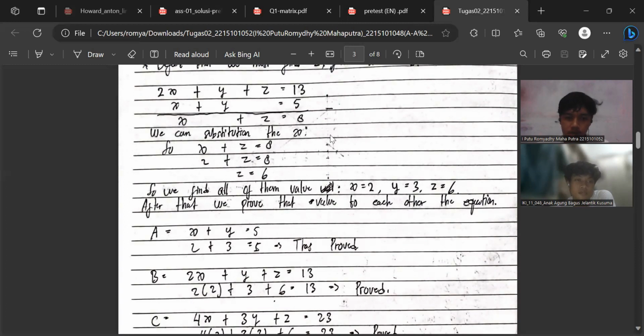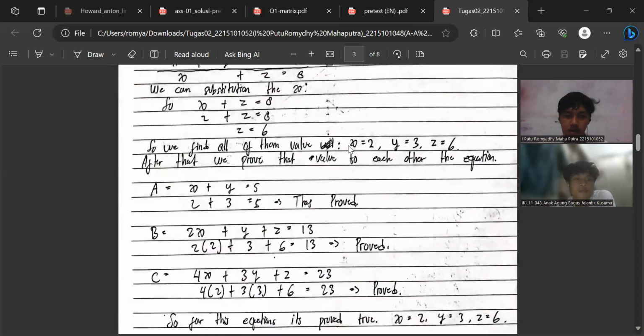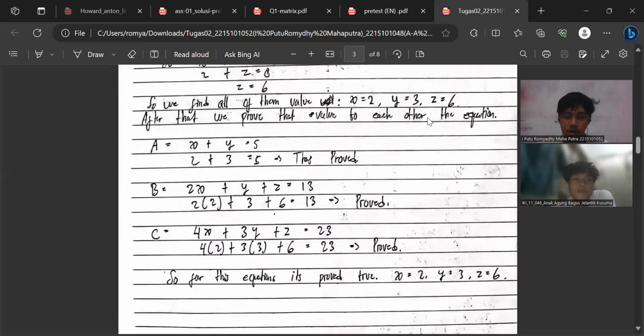Okay, so after we find all the values of x, y, and z, we substitute them into the first function, like abc. After we substitute all of the x, y, and z values, the result is proved.